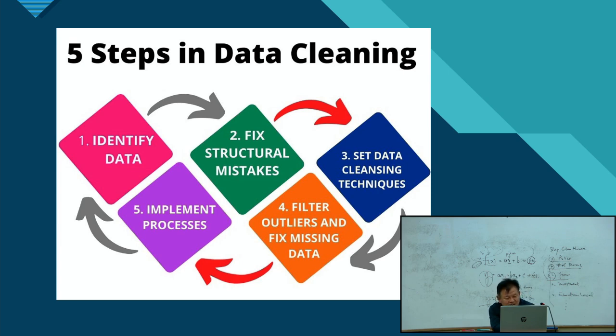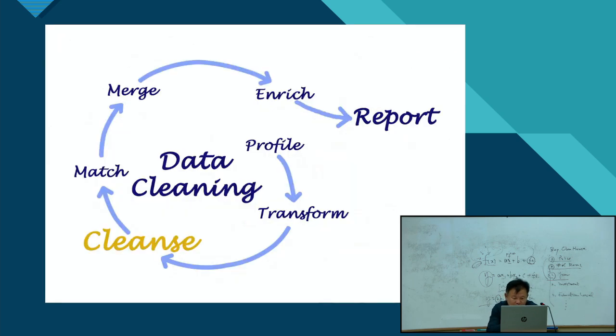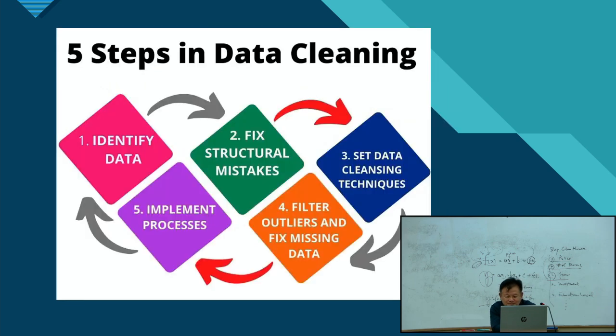The next step is to filter out outliers and fix missing data, which means taking out or eliminating, or manipulating the data at this stage. The final step is to implement the process, which means moving to the next step, the report. This is data cleansing.